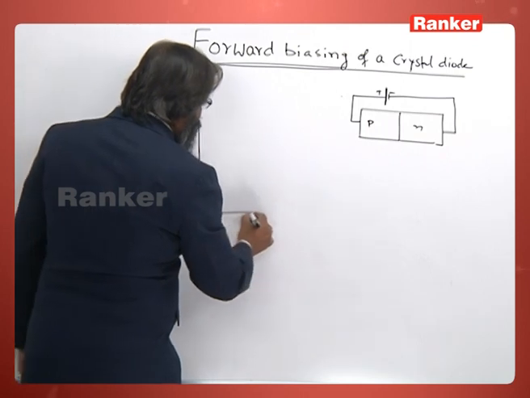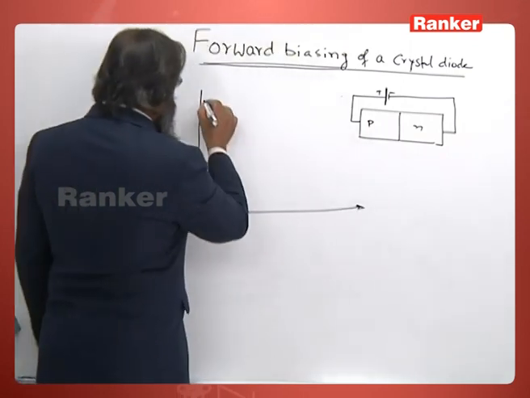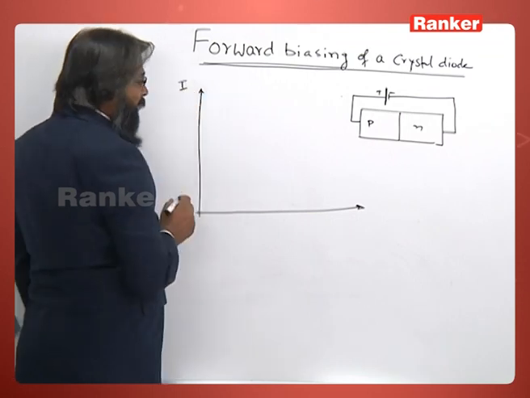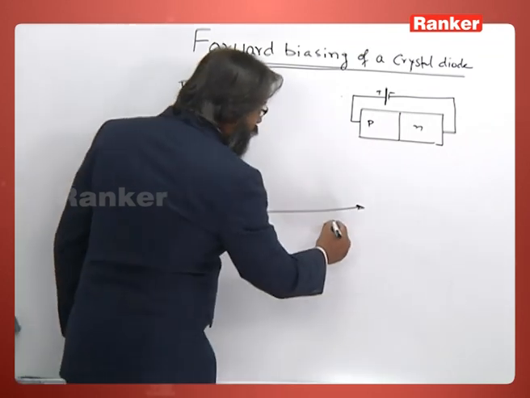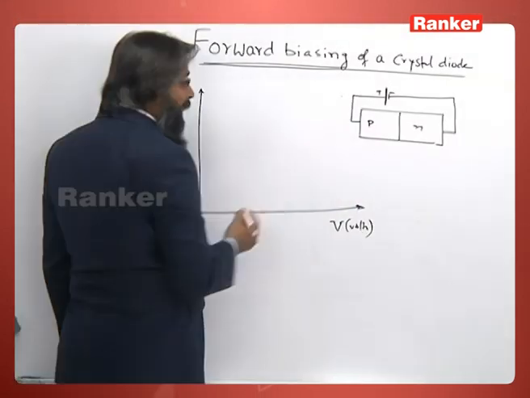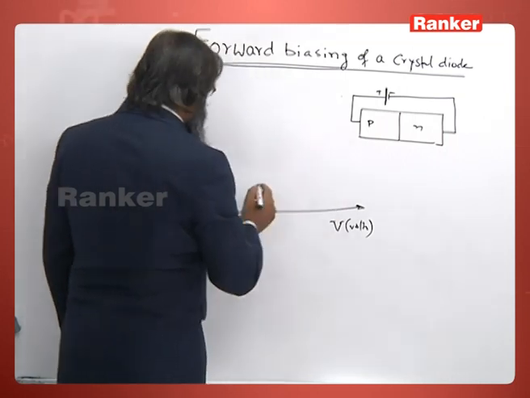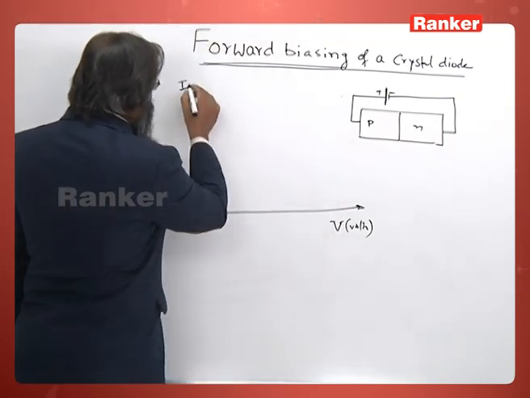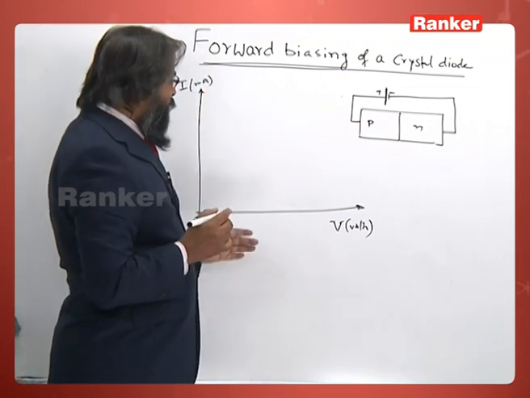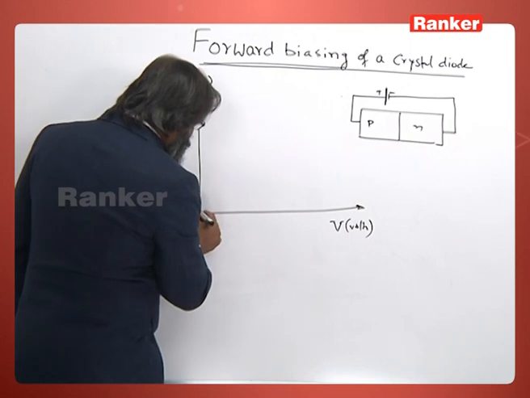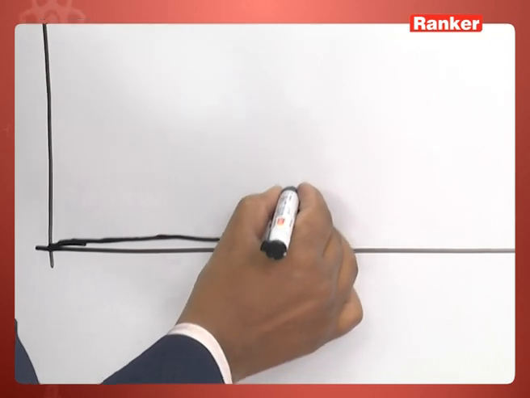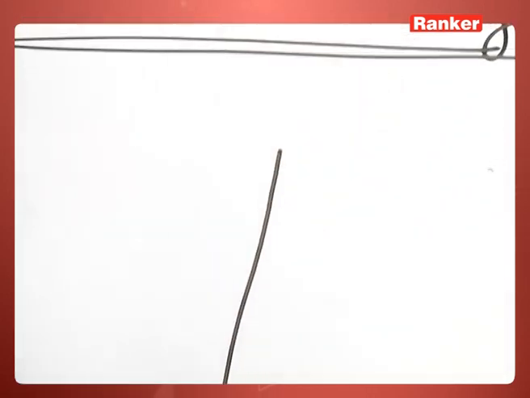Now let us draw its graph. We will draw the graph with current on the y axis and the voltage measured in volts along the x axis. So, now what we observe is that the order of current is in milliamperes, and initially the current does not increase very well and then it increases linearly.